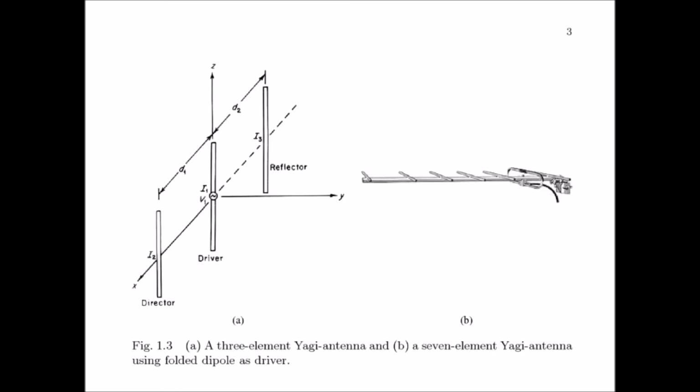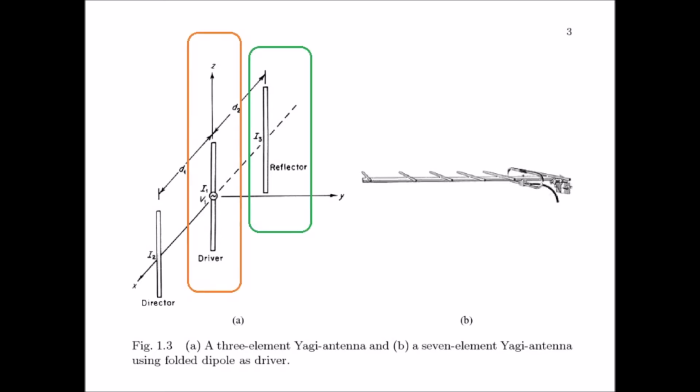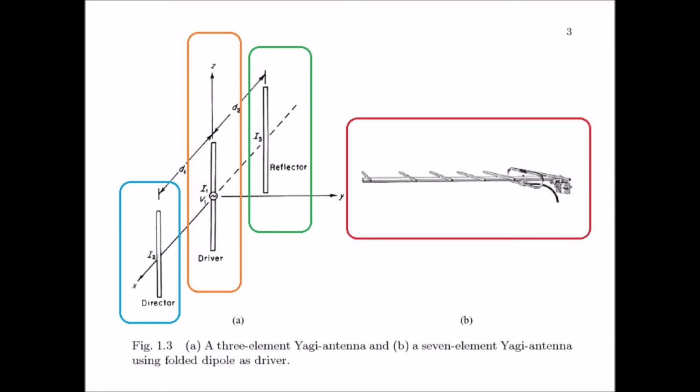An antenna consisting of a driver, a reflecting element, and one or more directing elements is called a Uda-Yagi array, or a Yagi for short. There is a limit to the number of parasitic elements that can be added to a Yagi, since the induced current on a parasitic element becomes progressively smaller as its distance from the driven element increases.